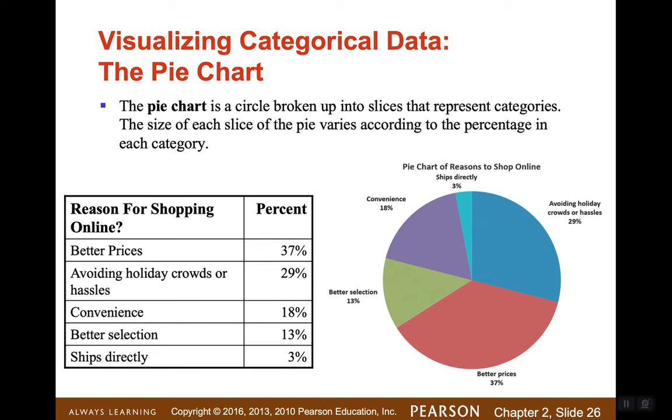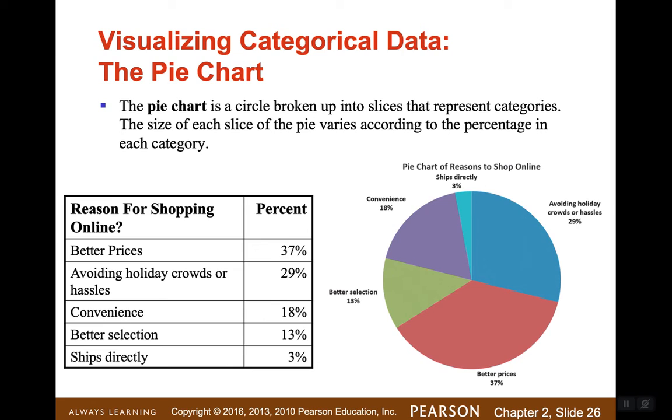Actually, I don't think this one does quite as good a job, because if we look at better prices, which is 37%, and match it up against avoiding holiday crowds at 29%, at a glance it's hard to tell, those are the major ones, but which one is actually bigger? You put the percentage on it, so that'll tell you.